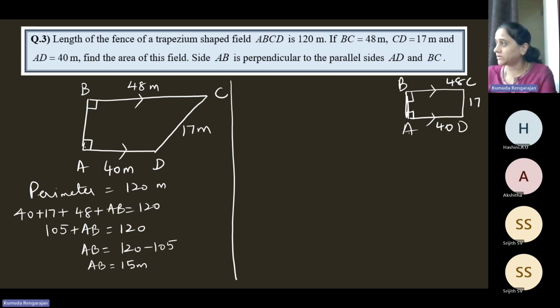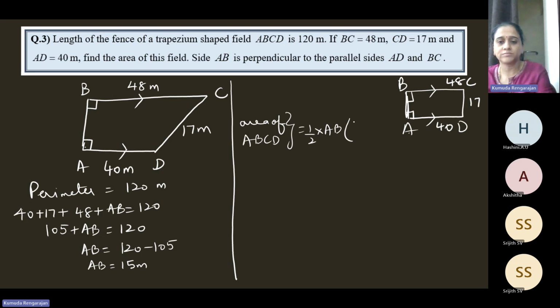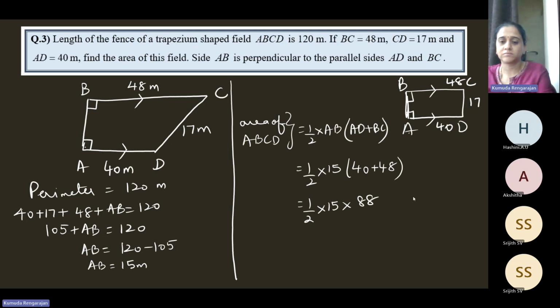The question is to find the area of the field. Okay. So area of ABCD is equal to half into H, that is AB, into AD plus BC. Half into 15, into 40 plus 48. Correct.